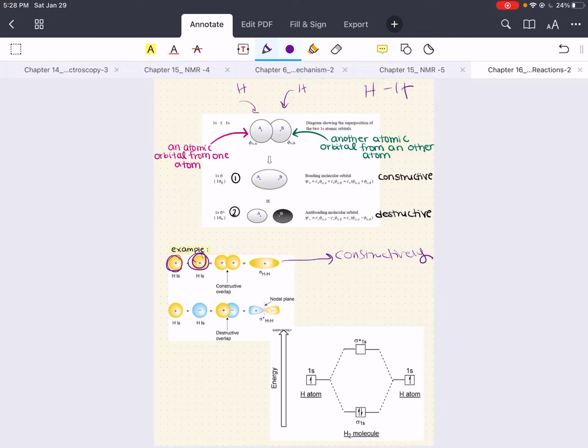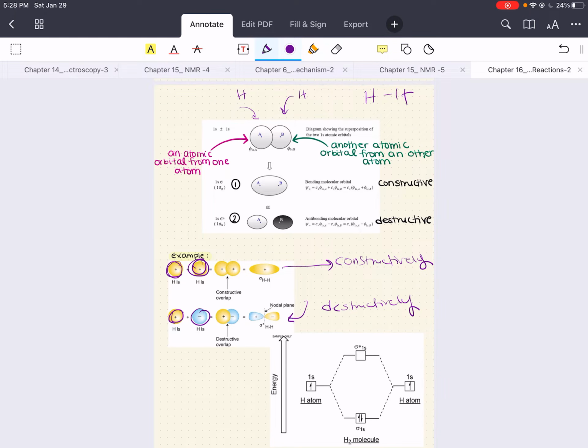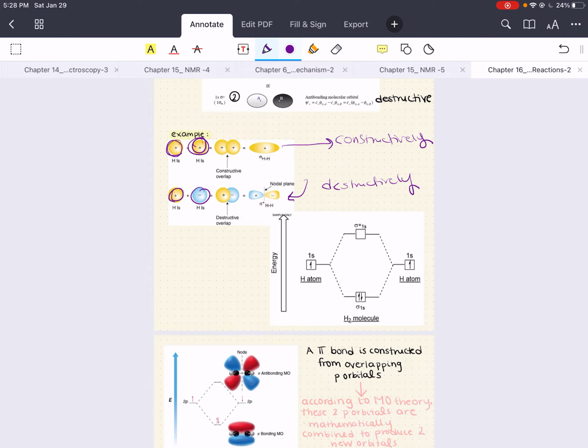And the anti-bonding molecular orbital comes if the two s orbitals from each hydrogen destructively interfere with each other. So when we have a single bond like H2, for example, the two s orbitals from each hydrogen can either interact constructively or destructively, and so we get a bonding MO and we get an anti-bonding MO.